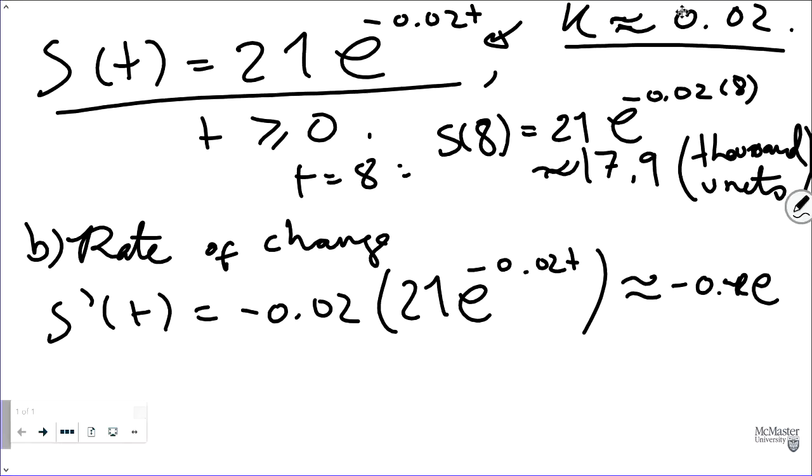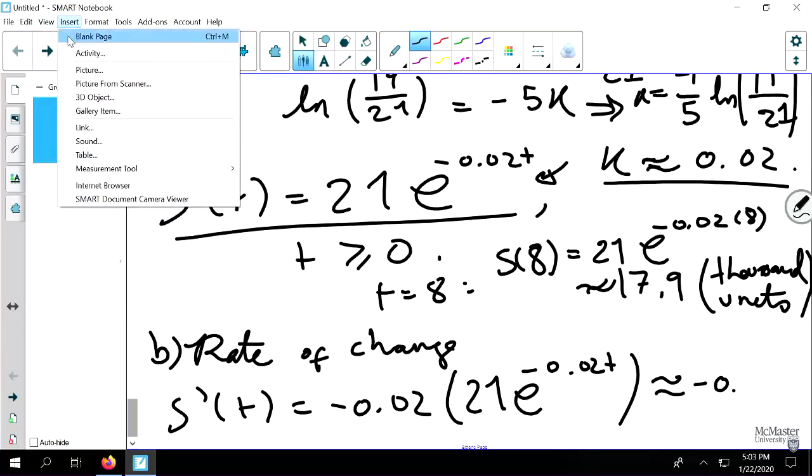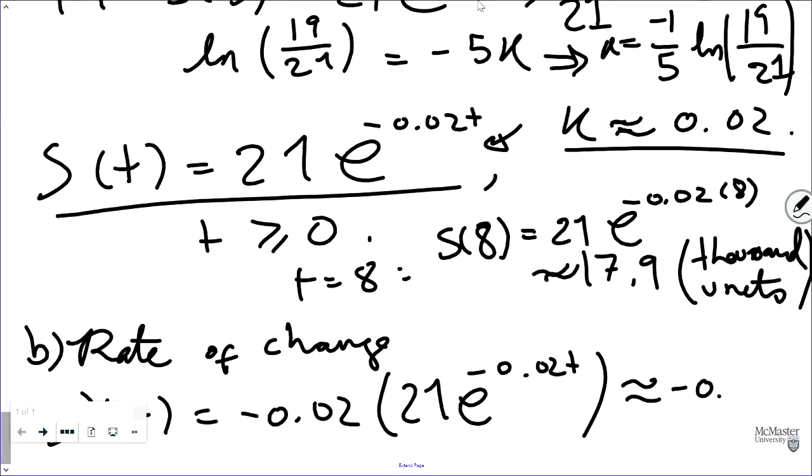Let me use the eraser because maybe it's not clear for you. Minus 0.42 exponential of minus 0.02t. But just do the multiplication of these two.